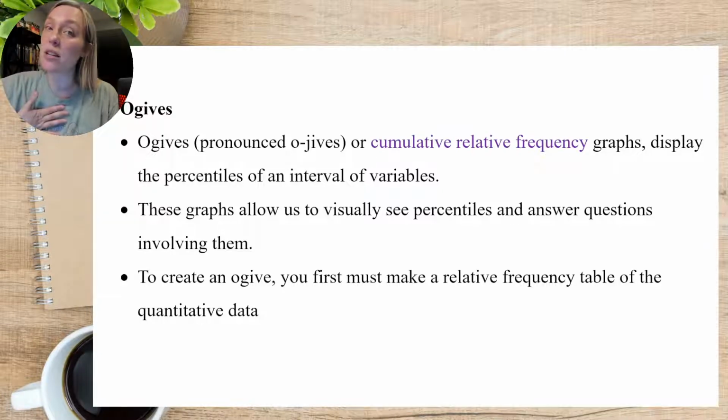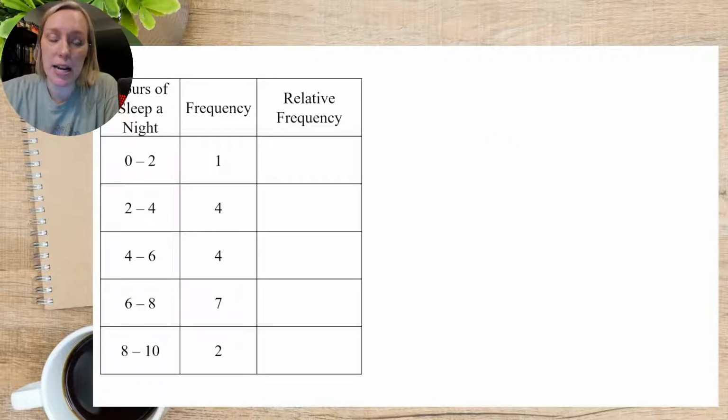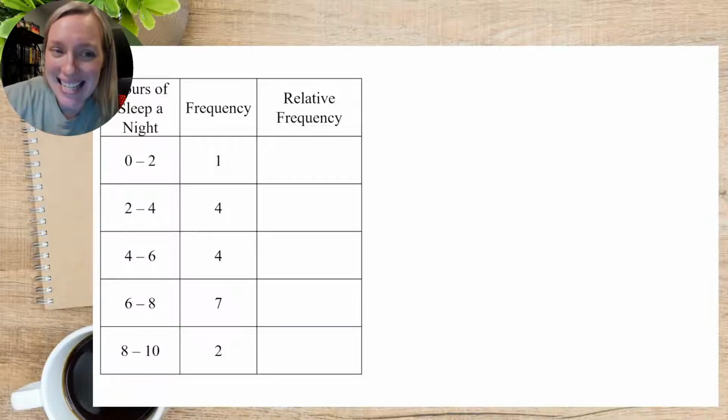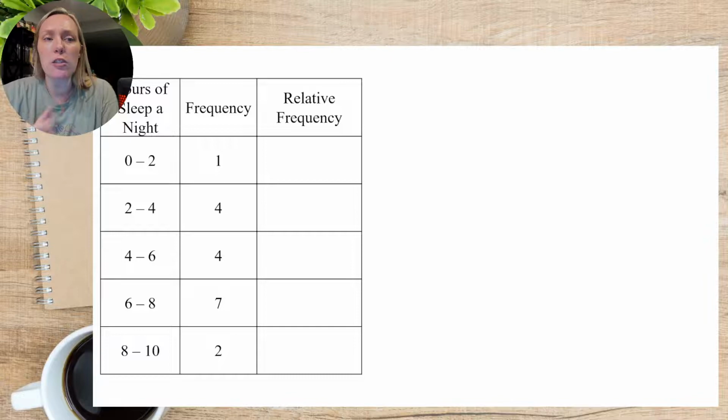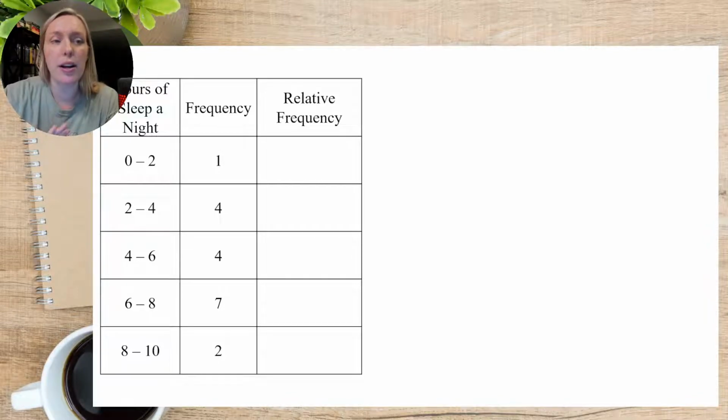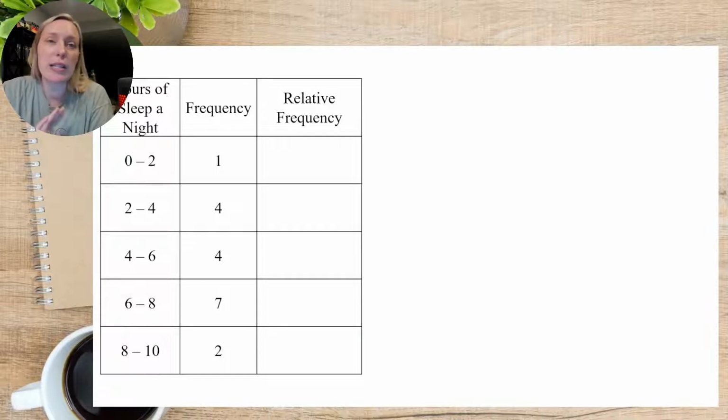Now we've seen relative frequency tables before with categorical data, so let's look at a relative frequency table with quantitative data. So going back to hours of sleep a night, I changed the intervals a little bit here, and the frequencies are a little bit different. I just want to use this as an example to get us to where we need to go.